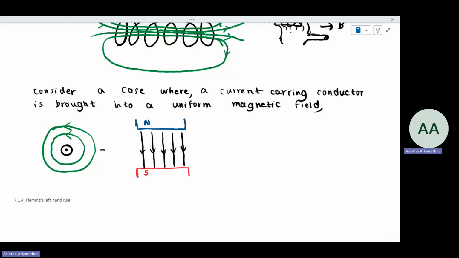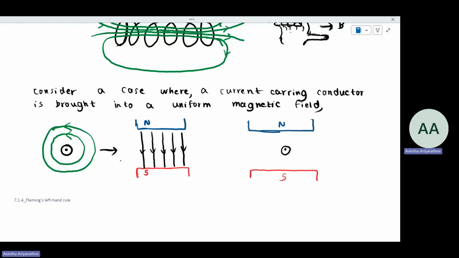So when this conductor is brought into this magnetic field, the permanent magnetic field, what would we have? What would be the resultant magnetic field? The conductor is brought here, right?